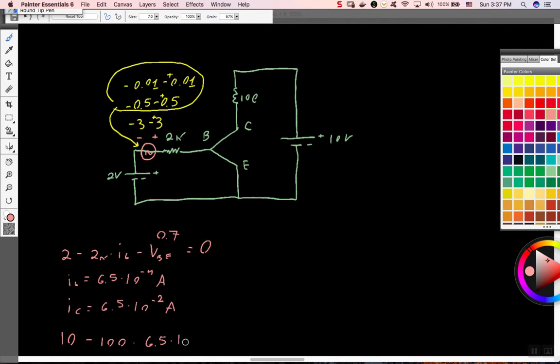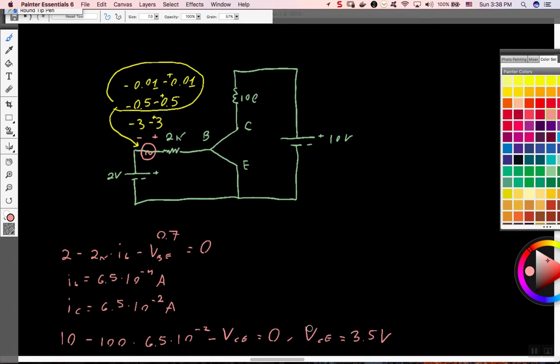It just comes out to be 3.5 volts. Well, this is not nice to do it like this. This was too much of a shortcut. Okay, and then what is VCE? Well, you do this minus VCE equals 0, which completes the Kirchhoff law, and then VCE is 3.5 volts.